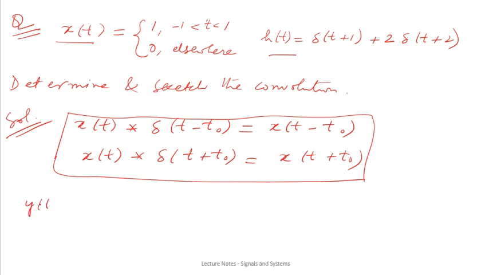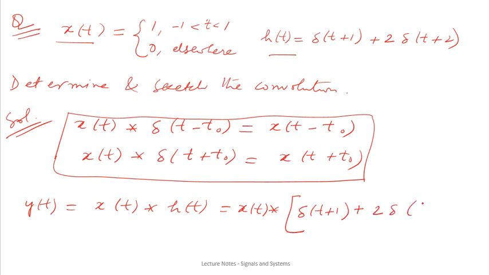Now y(t), which is the convolution, again it can be represented as x(t) convolution h(t). Okay, and then in place of h(t), that is impulse response, you can write the impulse response which is given in the problem.